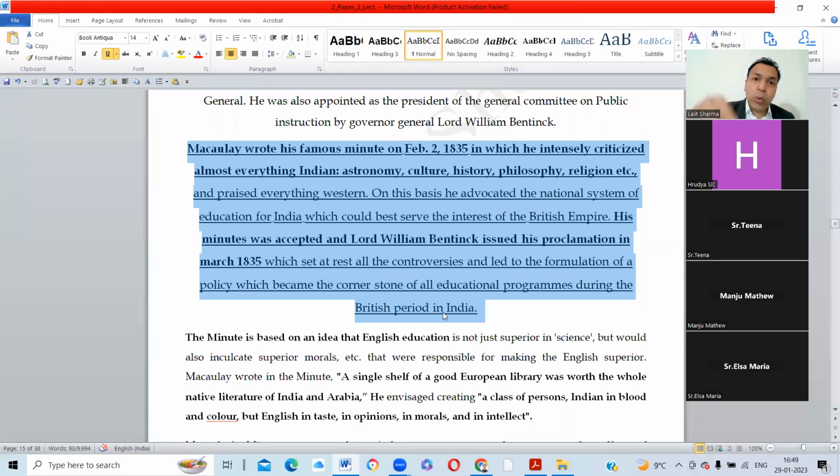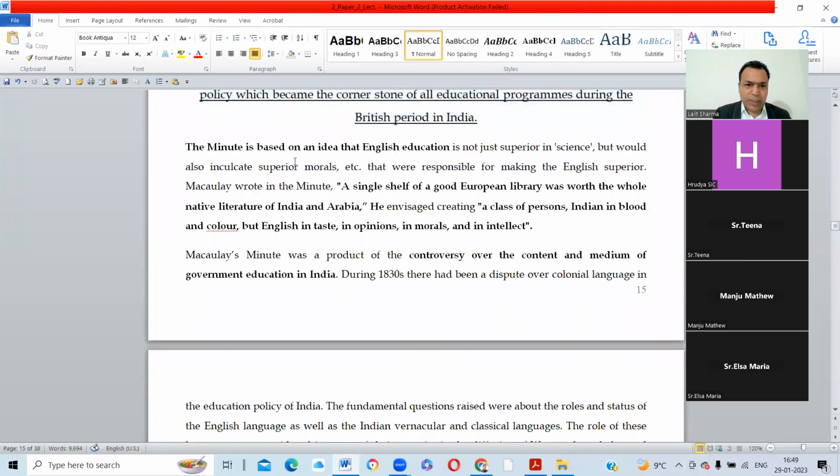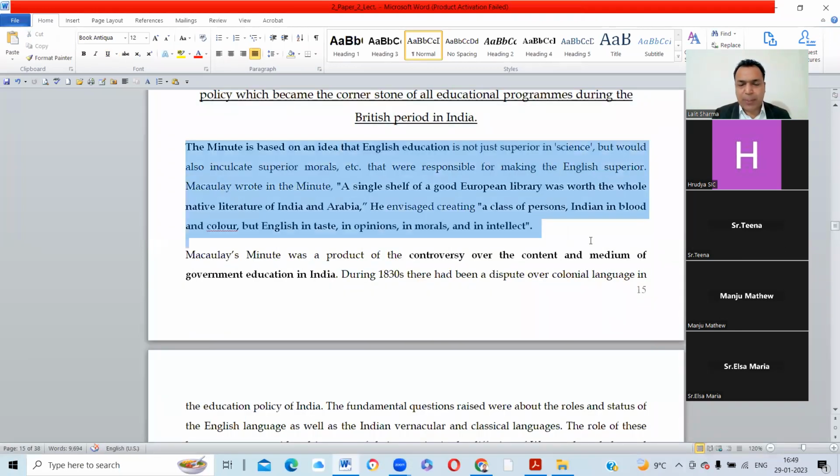Only then can we rule India, right, guys? So that was the policy in the mind of Lord Macaulay. That's why he criticized all the Indian history, culture, philosophy, religion, and praised everything Western, right? So again, this is a very important para, guys.